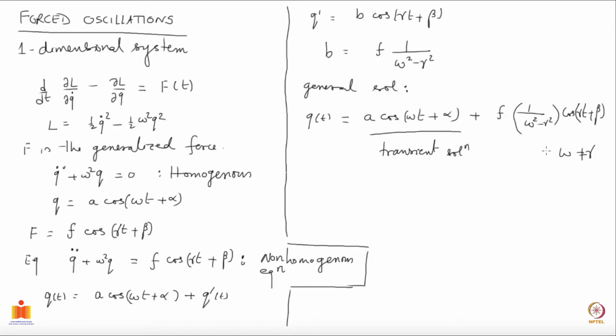It looks like this solution blows up. So it is not valid here. So we'll next look at the problem near resonance. When gamma is the same as omega, we say we have resonance. And that's what we want to look at now.